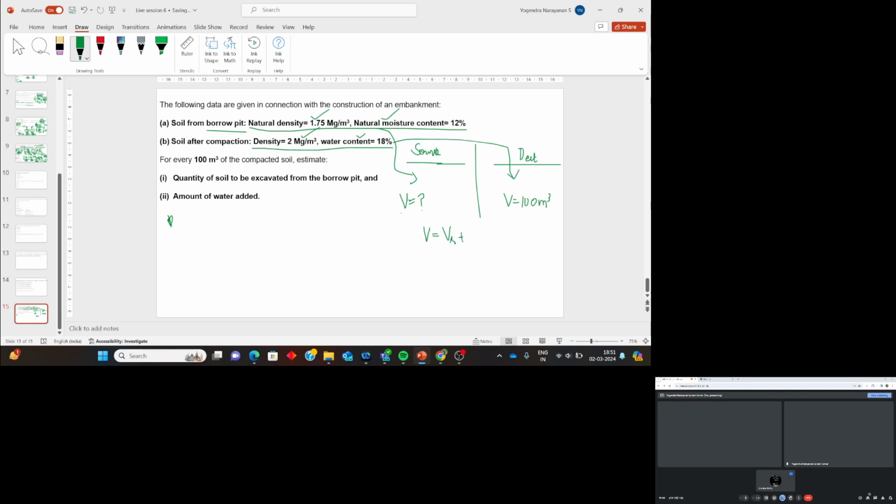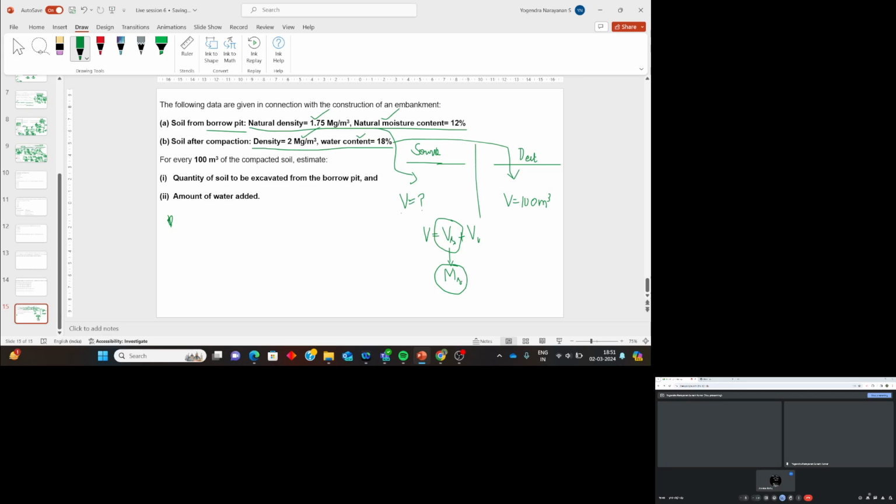Vs plus Vv. Even though this changes, its mass will not change, that is weight will not change.